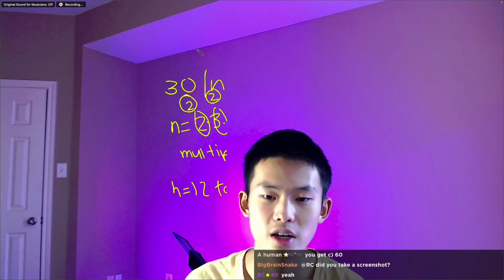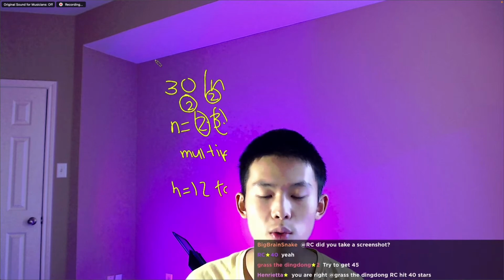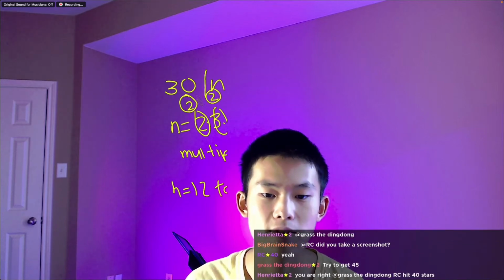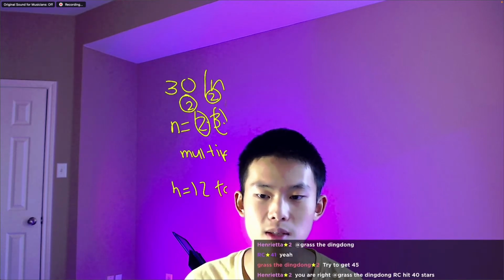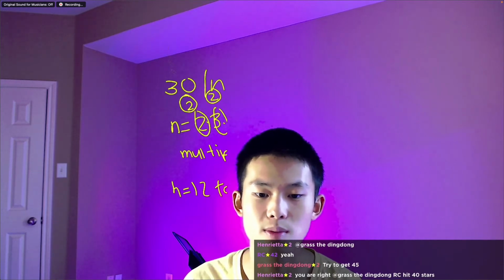And what this means is that we only have 8 factors here instead of 12. Now, how can we increase the number of factors? Well, we have to increase one of these exponents by one. So let's increase the exponent of 2 because 2 is the smallest number.